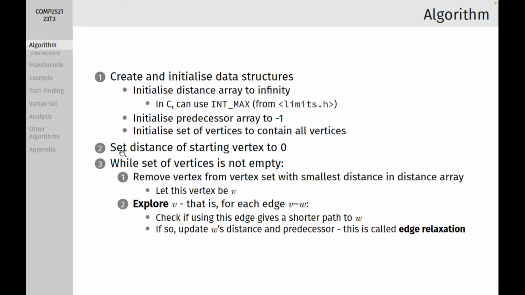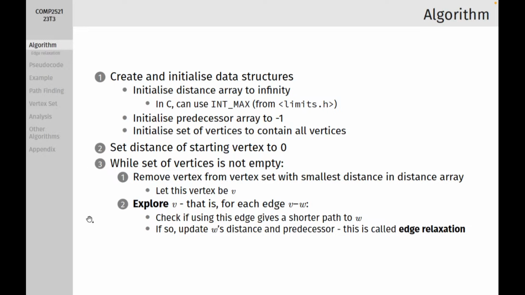Since we know what vertex we're starting at, we set its distance to 0, because the distance from the starting vertex to itself is 0. That's the initialization phase of the algorithm.